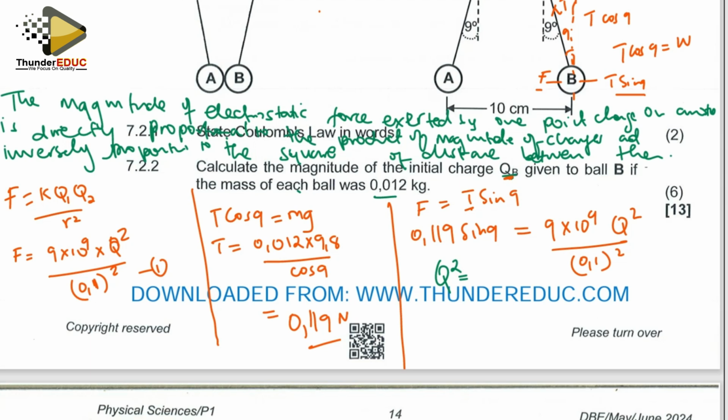Okay, this gives me 206.84 times 10 to the negative 16. Then I need to find the square root. Okay, square root of the answer. Oh Lord, why is it such a big question?